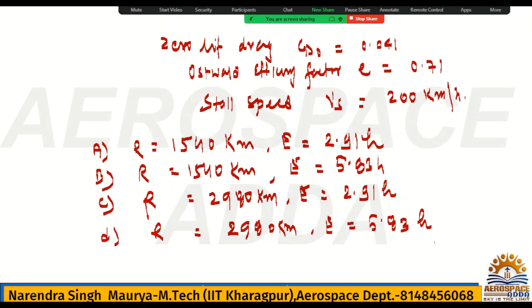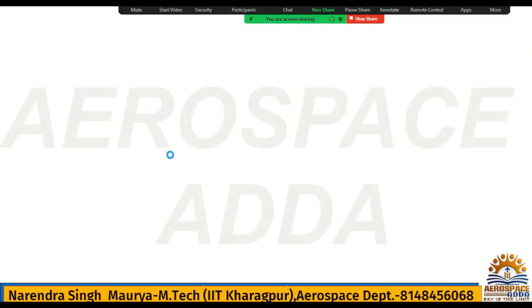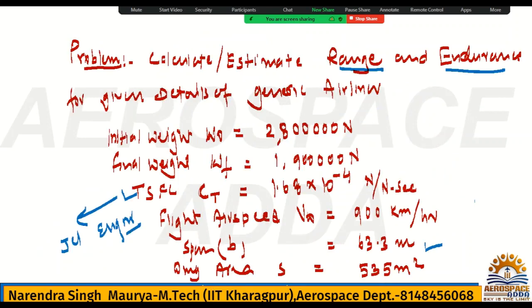In the problem they have given thrust specific fuel consumption, so it is a jet engine; otherwise they would give power specific fuel consumption if it were a propeller engine. So now write the formula for range. Range for jet engine, just now derived here. This is the range formula.